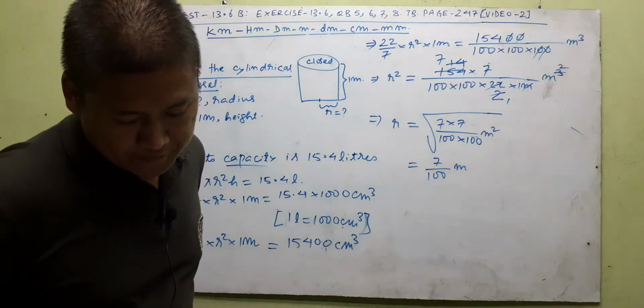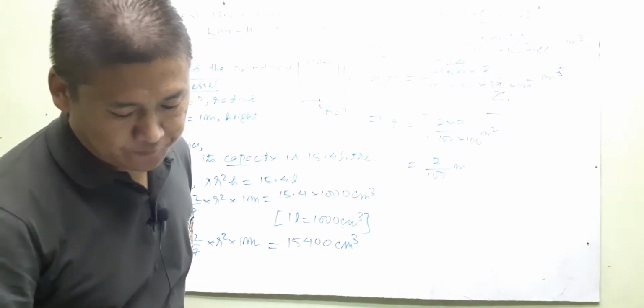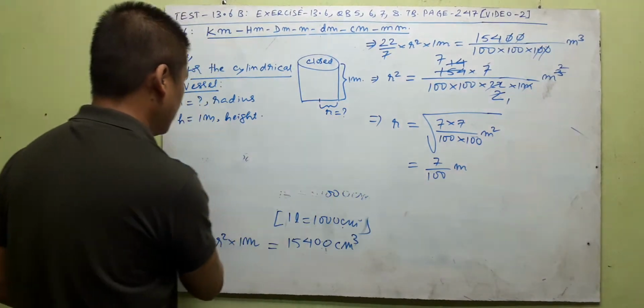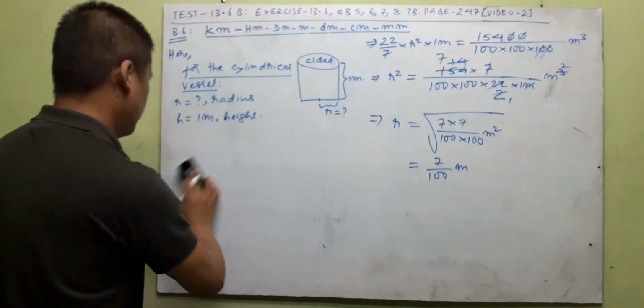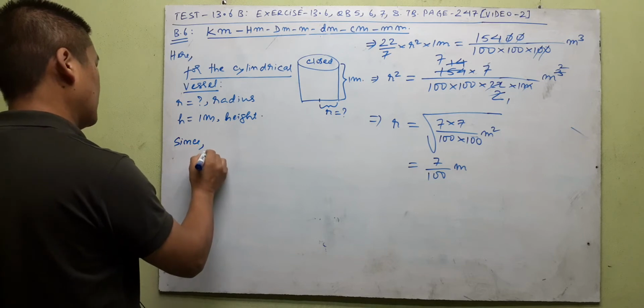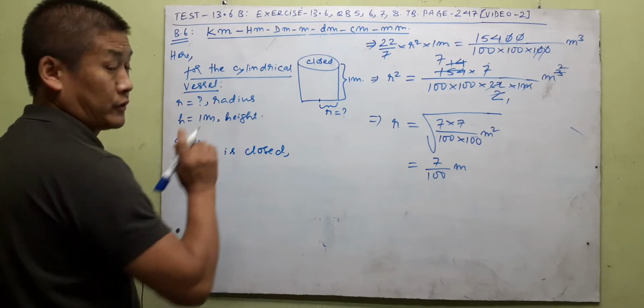They are not asking for radius, okay? I think they are not asking. They are asking for how many square sheets of metal would be needed. So this is important to calculate that. You write here, since it is closed. This is the keyword.